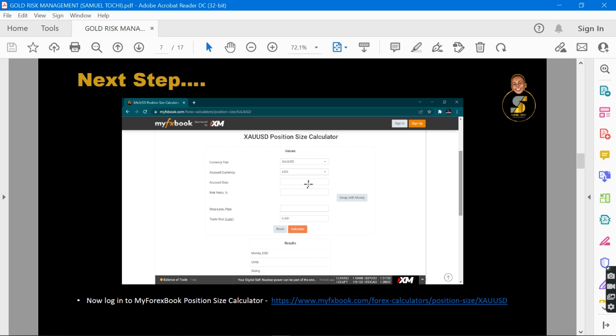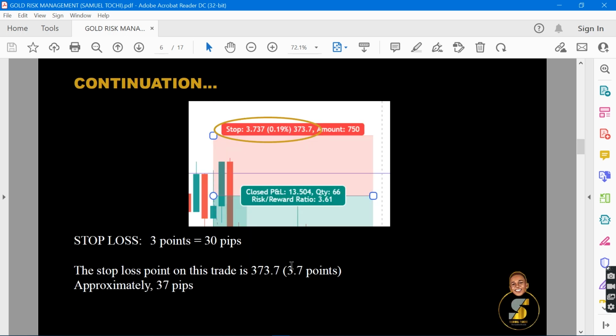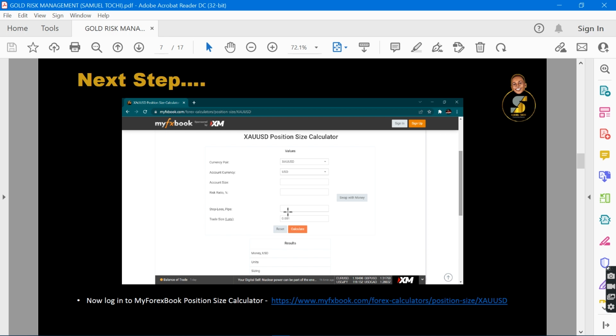Now you insert your account size, and the next space is the risk ratio percentage, where you put the percentage of your account you want to risk. For instance, let me say I have a 10k account and I want to risk 1% of 10k. You put it here, and now you put the stop loss in pips. For this trade we are risking 37 pips, so you put it here, 37.